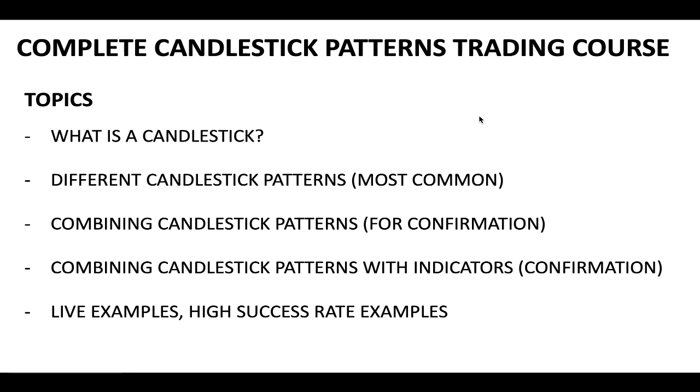For instance, if you get a candlestick pattern occurring when the RSI value is 70 or above, then that will be your confirmation. And lastly, I'll go through some live examples, high success rate examples, with you.